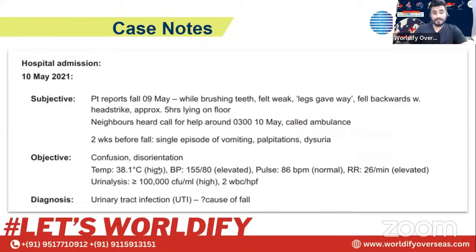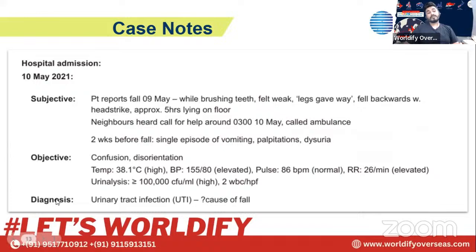Now, let's look at the objective vitals. He was confused at the time of admission. He was disoriented. His temperature was high. His BP was elevated. His pulse was normal. His respiratory rate was elevated. His urinalysis showed more than 100,000 CFU per milliliter, which is obviously high.